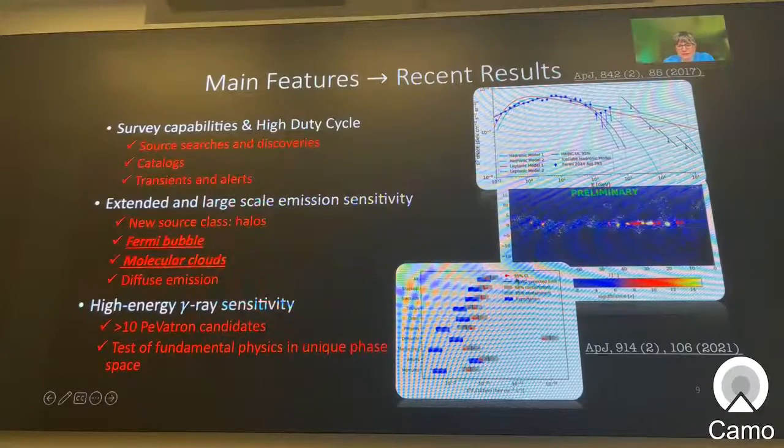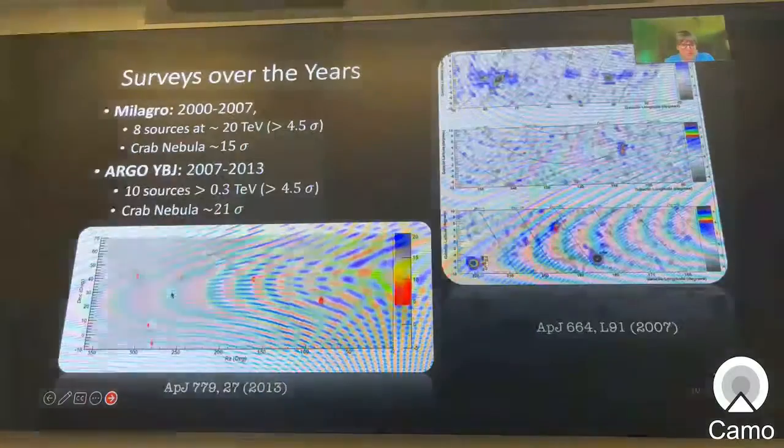And this is starting to put, as you can see here, some really constraining measurements on this. And I invite you to look at some of these applications.